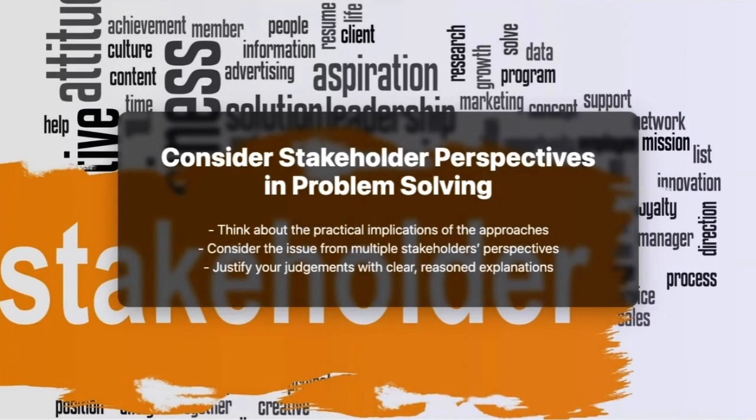Think about practical implications. For example, how might these approaches shape responses to issues like outdated people practices or handling performance problems? Try to see things from different stakeholders' points of view, employees, managers, maybe even the wider community. And don't forget, you need to back up your judgments with clear reasons, not just opinions.